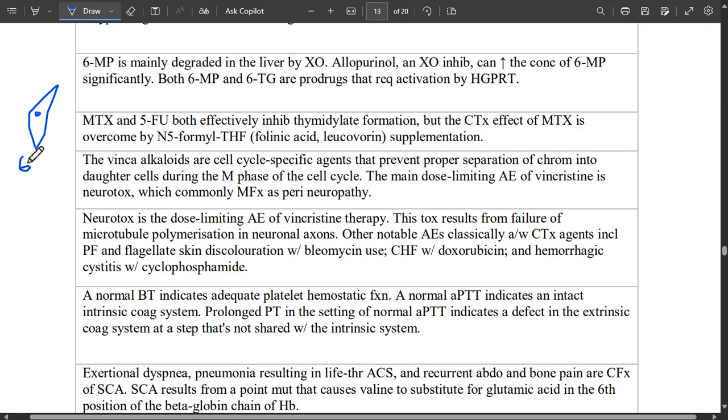6-mercaptopurine, when taken up by the liver, forms a compound. Okay, allopurinol acts at the level of xanthine oxidase, which is present in the liver.